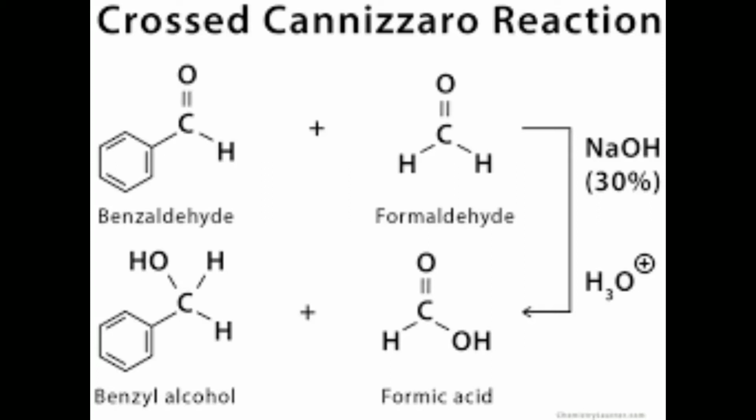The formic acid forms sodium formate with NaOH. On acidification, sodium formate is converted into formic acid. For example, formaldehyde plus benzaldehyde in presence of concentrated NaOH gives phenyl methanol plus formic acid.